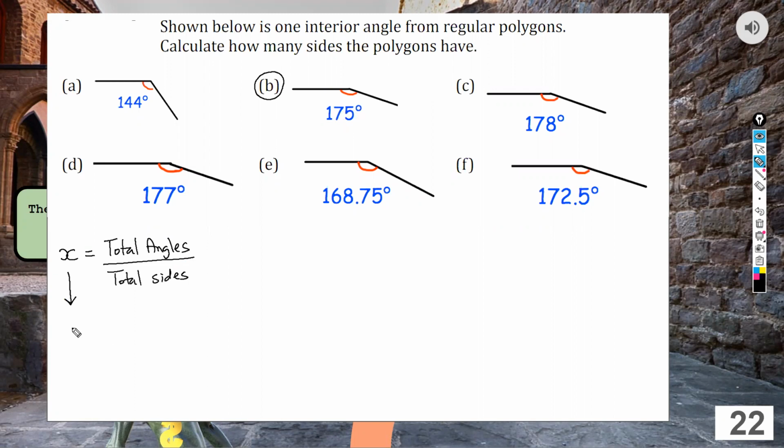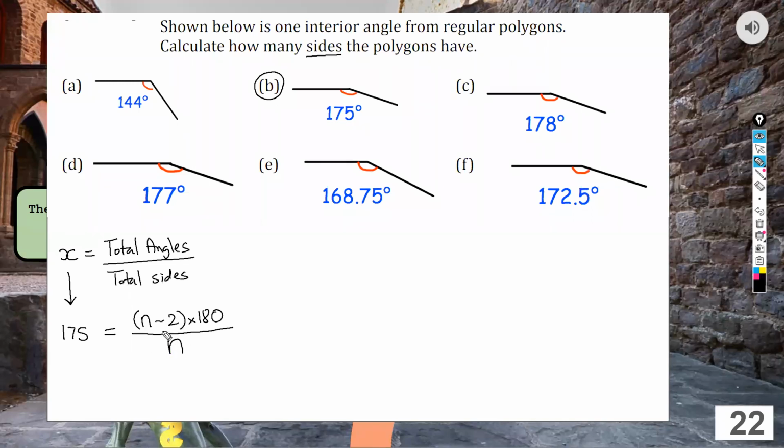So the examiner told us it's 175. To find the total amount of angles in any polygon, it's n minus 2 multiplied by 180. Remember, we don't know the value of n. That represents the number of sides. That is what we are trying to find. So once we find the total amount of angles, we just have to divide it by the total number of sides.